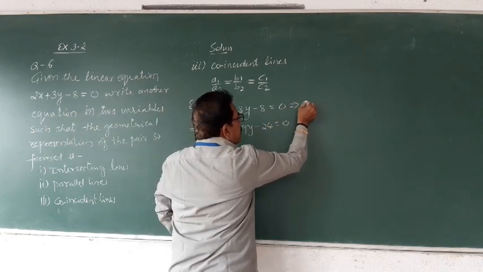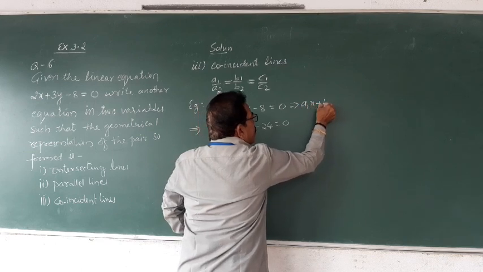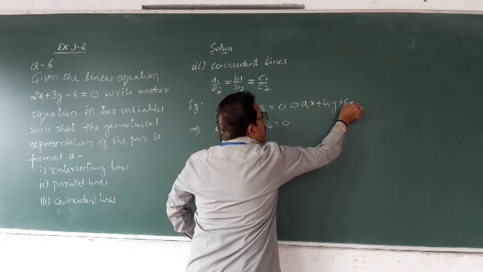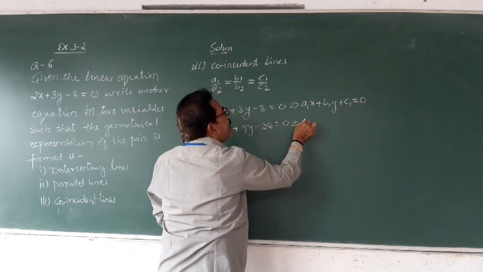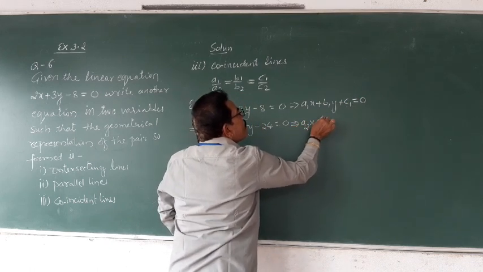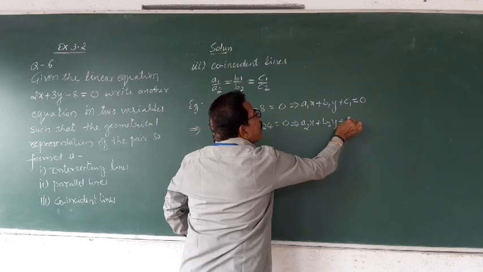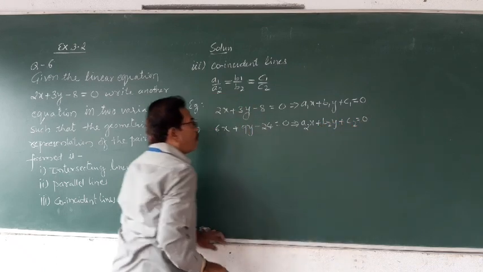This implies a1x plus b1y plus c1 equals to 0. Then a2x plus b2y plus c2 equals to 0.